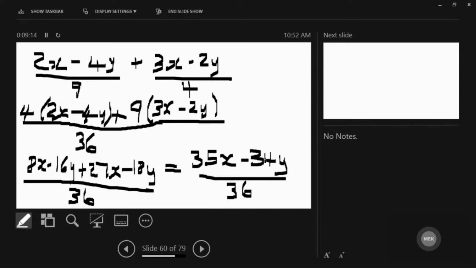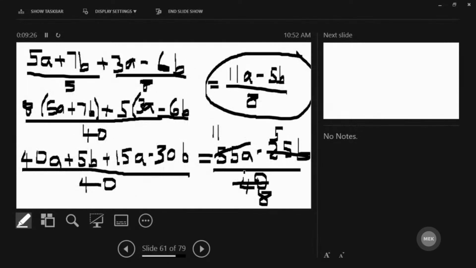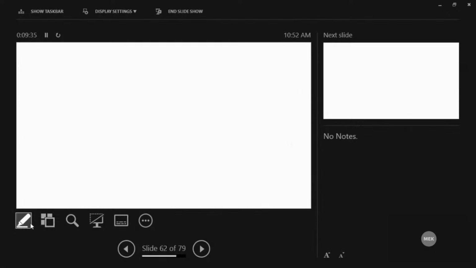Even though we could say 2 can go into 34, 2 can go into 36, but 2 can't go into 35. So that's why we had to just leave this as it is. This set now we could cancel because all 3 numbers are divisible by 5. All right, so we're just going to keep working some examples.